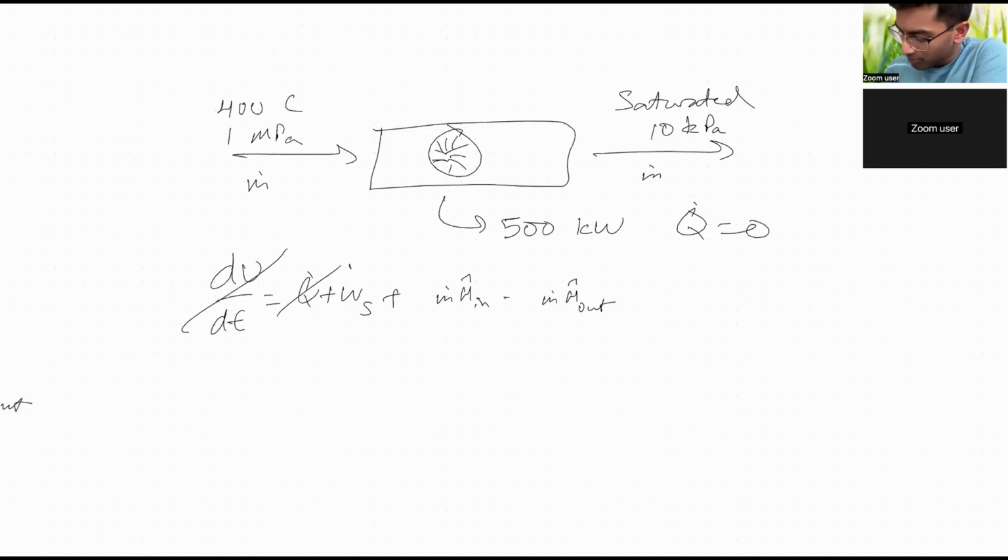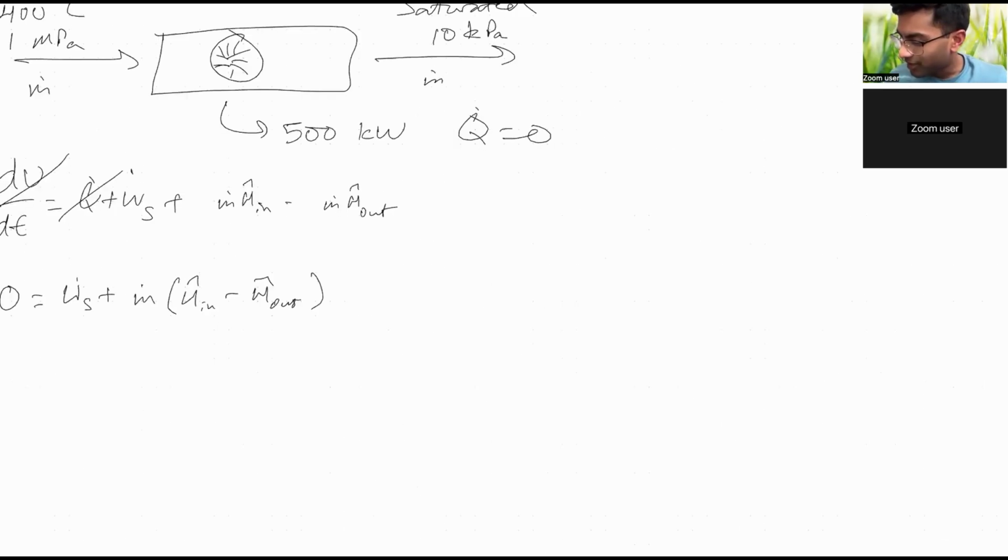And so our balance becomes 0 equals shaft work plus mass in times the difference between H in and H out. Now, H in and H out, these are values you would get from a steam table. This is not a video about how to search up steam tables. So I'm just going to give you those values here right now.